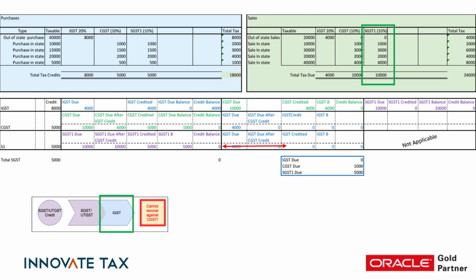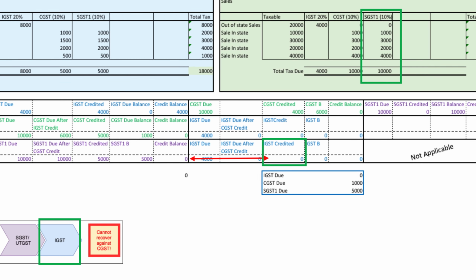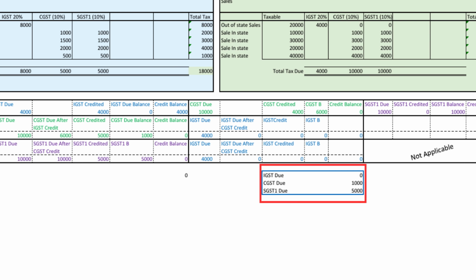Of course, there is none, so therefore we've just got zeros. And as a result, there's nothing actually there. So there are no credits from SGST to be applied to the IGST. Now that can change, and it depends on the number of purchases or sales that you make in the combinations. And these boxes will change accordingly.